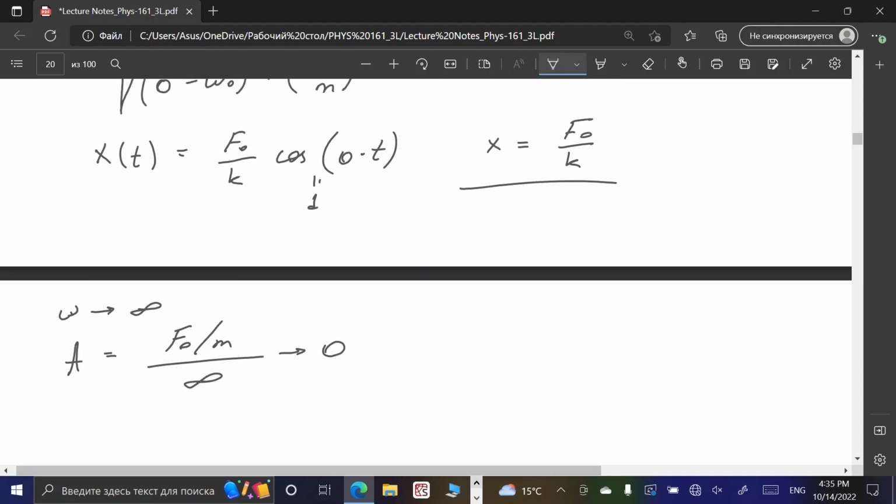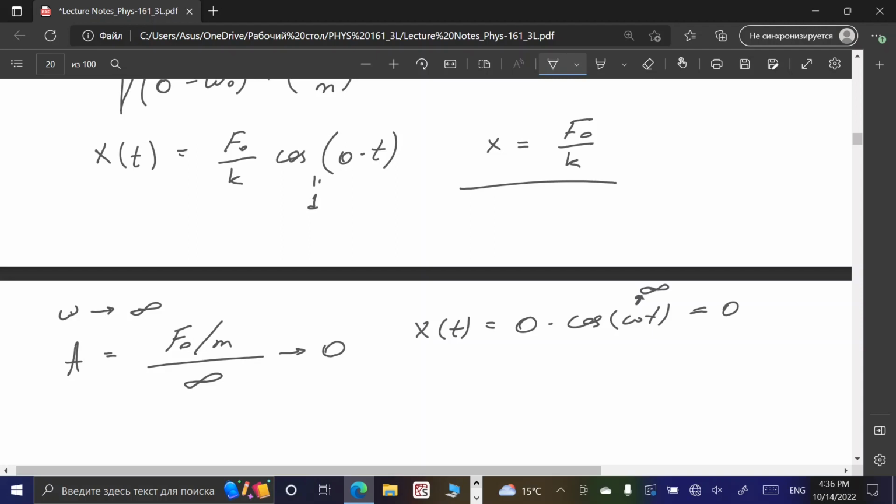And in this case, if we consider x as a function of time, it will be 0 times cosine omega t, with this very high frequency which approaches infinity. So obviously that will be 0.